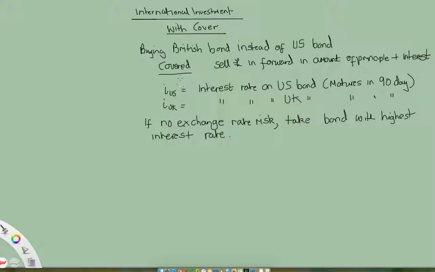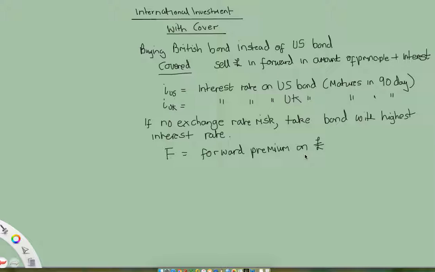So if we're an American investor and we decide we want to buy the UK bond, we could buy it, but then we could sell pounds in the forward market. So one thing that's going to be important, of course, is F, which is the forward premium on the pound, which we talked about in the last video. And of course, F can be negative because the pound could be at a forward discount.